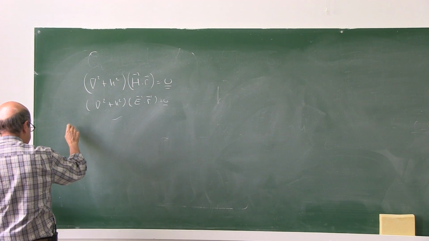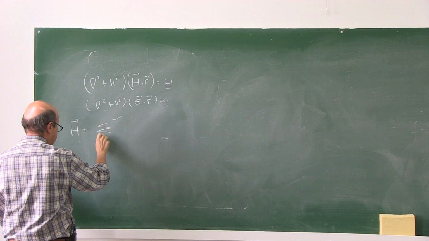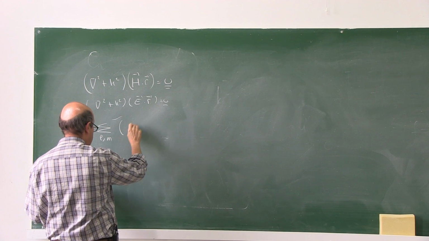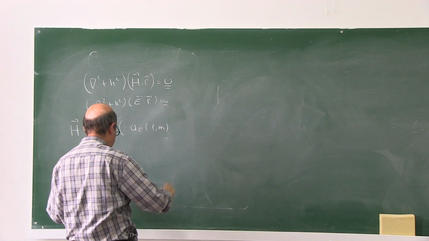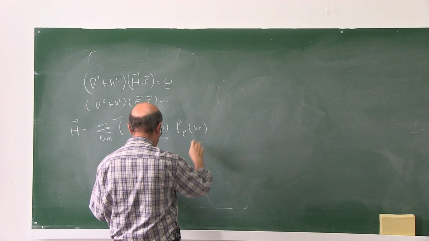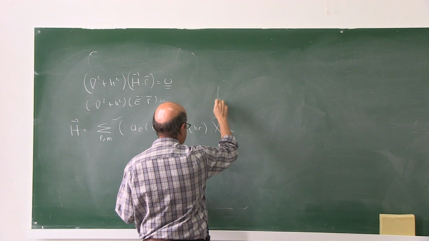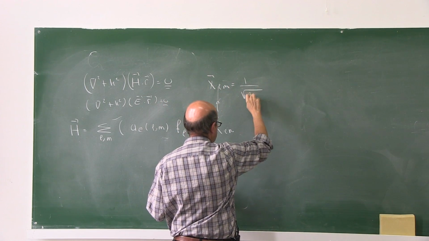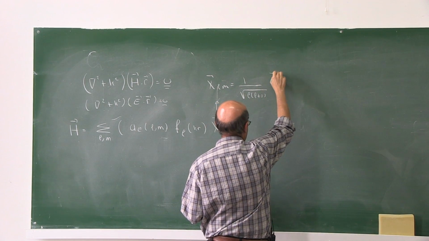So the H field could be written in terms of a multipole expansion: some coefficients which depend on L and m, spherical Bessel functions, times X_Lm, where X_Lm is 1 over the square root of L times L plus 1, times L Y_Lm.